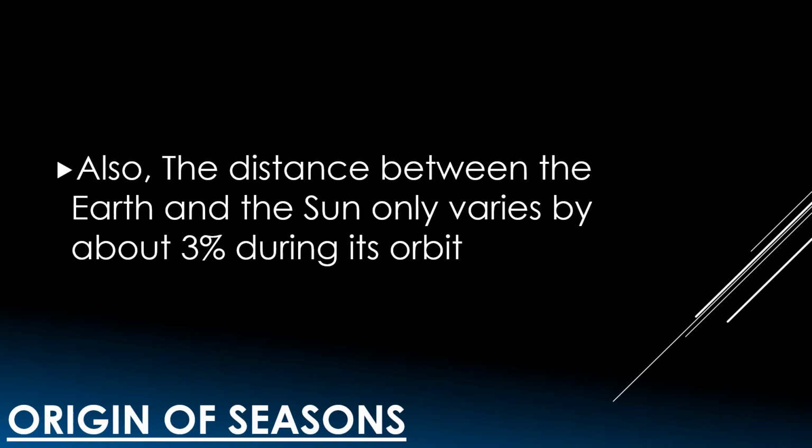It's in perspective. As far as distances in the solar system go, 3%, a few thousand miles, that really isn't all that much. Nothing that is significant enough for our planet to have seasonal changes based on its proximity to the Sun.